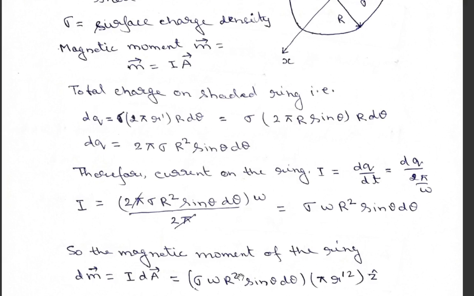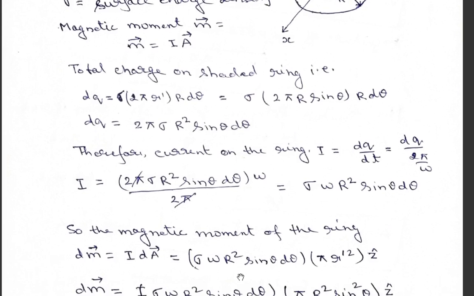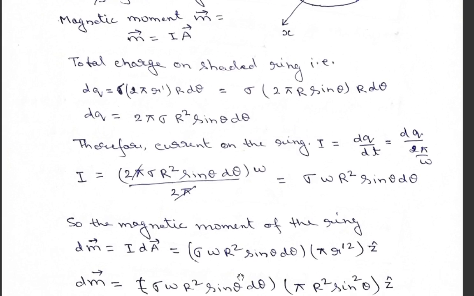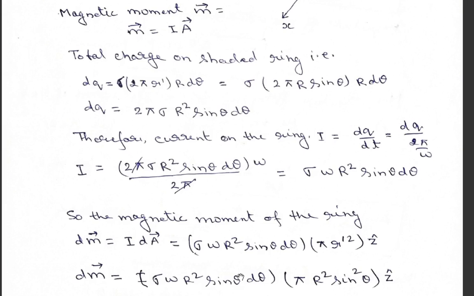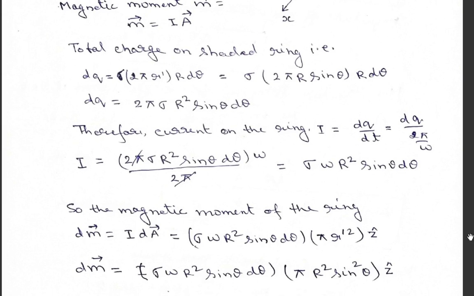So if this total charge on the circular ring is known, then we can find out the current which is enclosed on the ring. This will be equal to dq upon dt, where t is the time. But time is not known, but the angular velocity of the spherical shell is known, so it can be written as dq upon 2 pi upon omega.